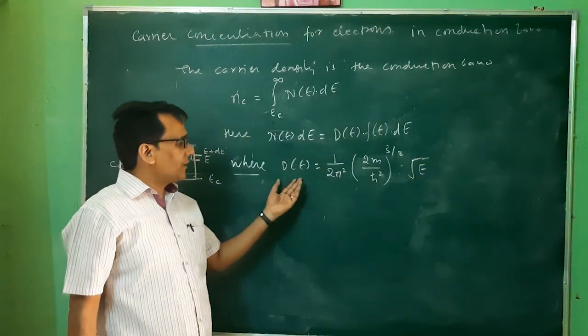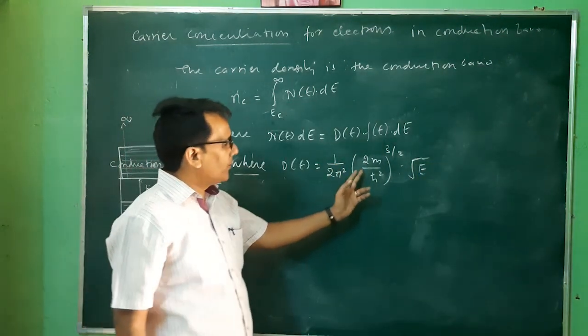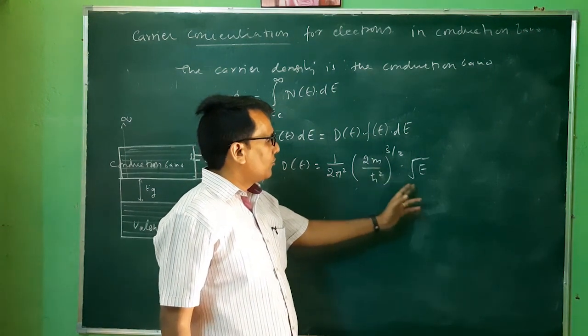So this is that density of state, that is 1 upon 2π² (2m/ħ²)^(3/2) √E.